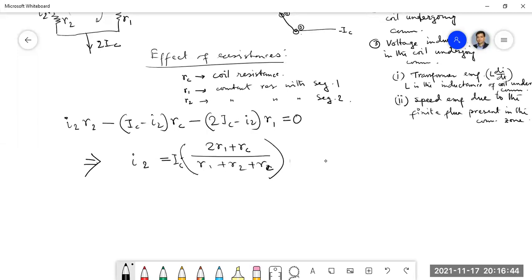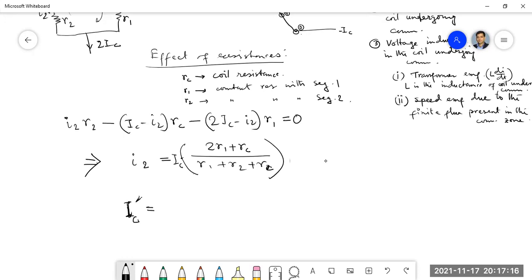So all of you are getting these values? Yes, sir. Okay. Then in the coil, what is the current actually flowing? Let us take it as capital IC prime.